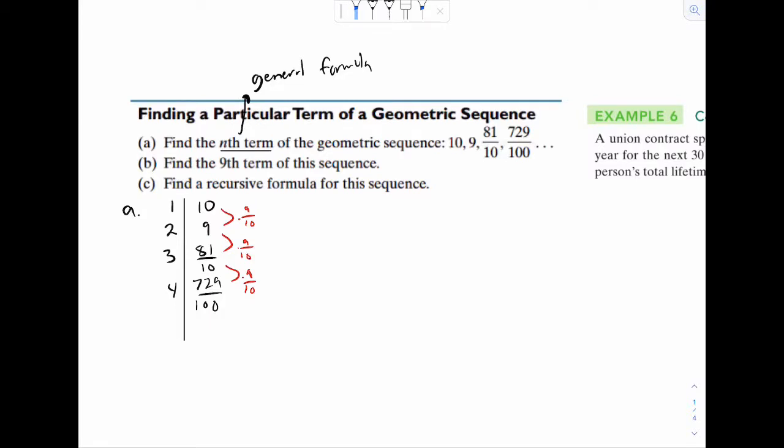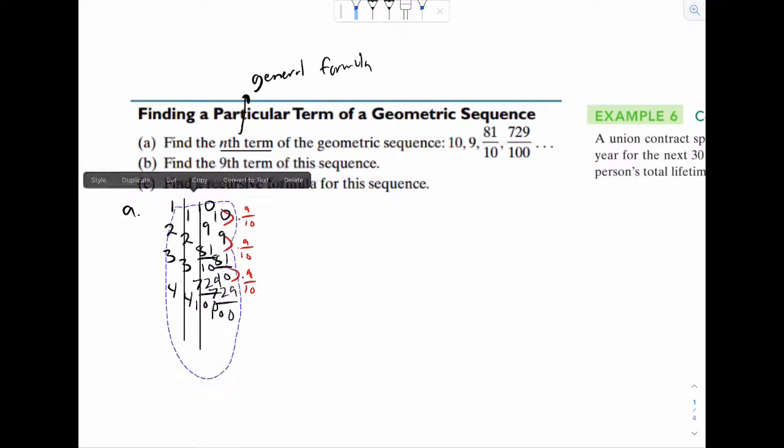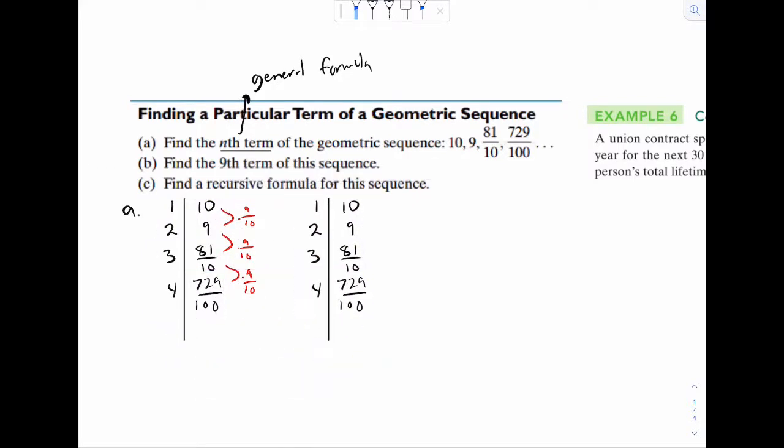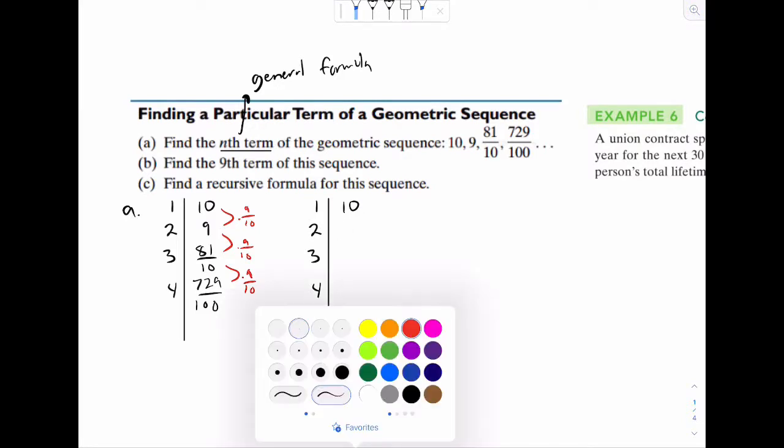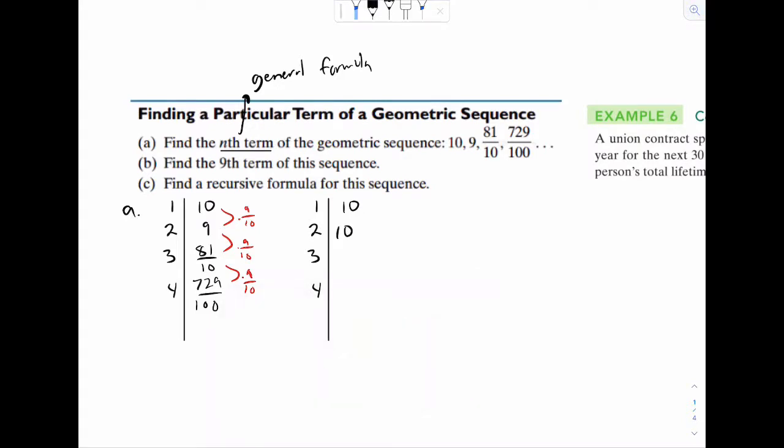But purely looking at this information isn't super helpful. So what I'm going to do is grab this and write it a little bit different. So think of this 9 as 10 times 9 over 10.